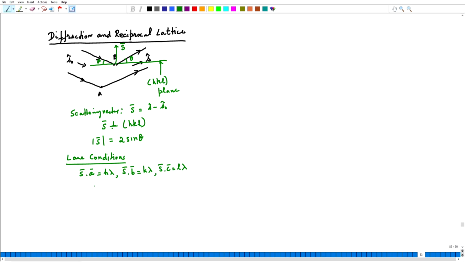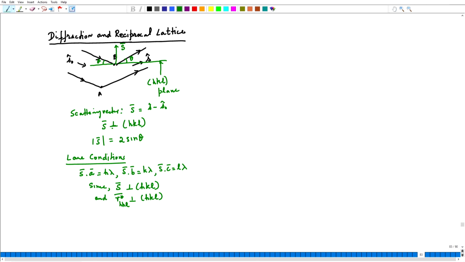Now, since the vector S is perpendicular to the plane HKL, and the reciprocal lattice vector R star HKL is also perpendicular to the plane HKL. So, HKL is the plane in real lattice space, and R star vector is in the reciprocal lattice space.